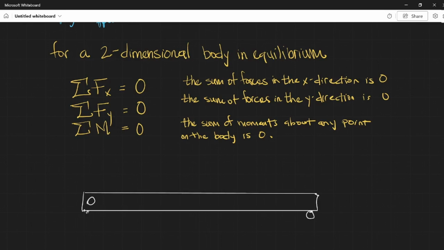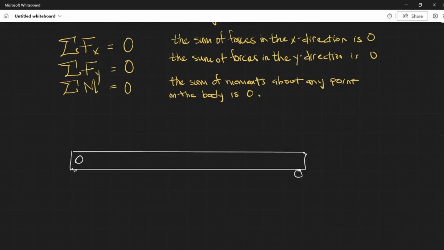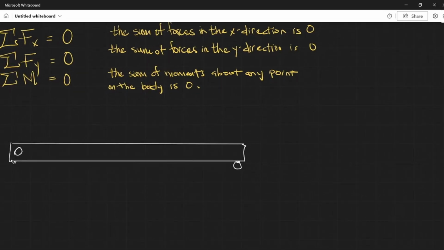Let me finish drawing my forces as well. We're also going to say that the force is 1.5 meters from the right. We are going to have a force of 600 newtons.